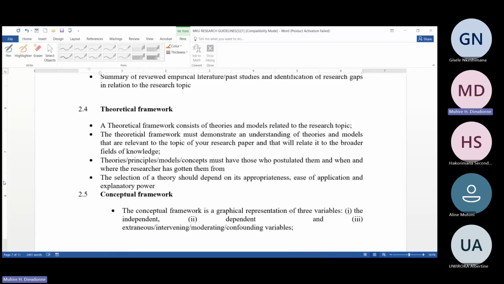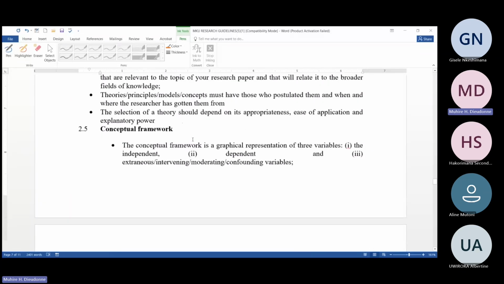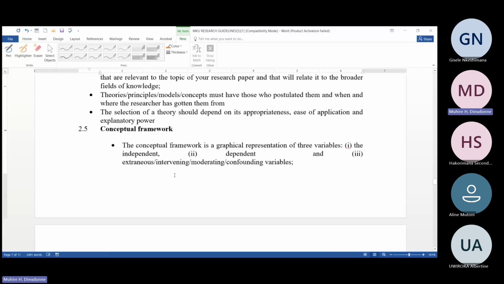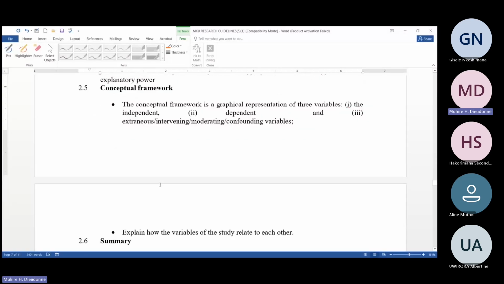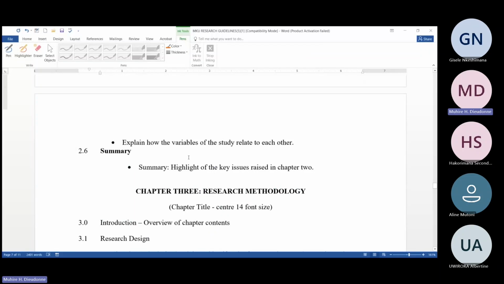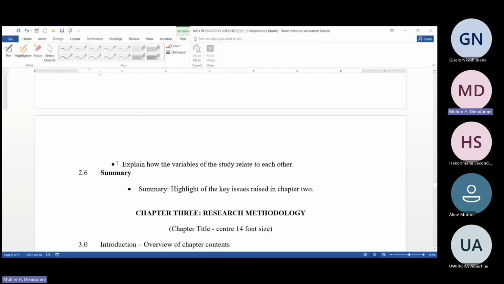There are a lot of theories that you may use here, as long as they are related with your topic. Then we have the conceptual framework. The conceptual framework is a graphic showing variables: independent, dependent, and sometimes intervening, moderating or confounding variables. Those should be there and also must be explained.